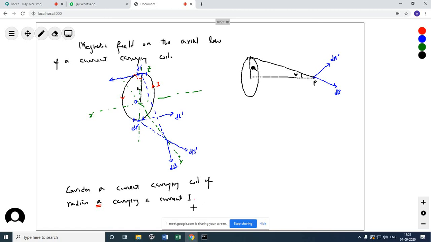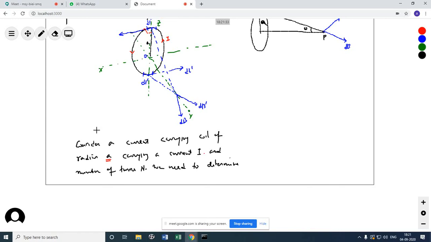Now let us write a little bit brief about it. We start by considering a current carrying coil of radius a carrying a current I. This is I. Let me see if this is the I direction.